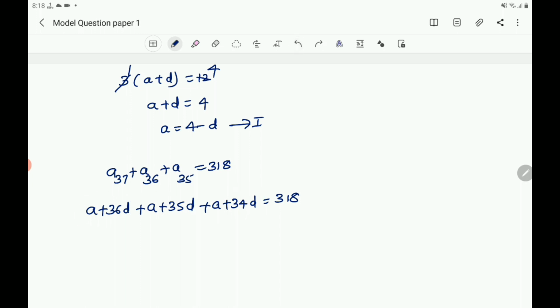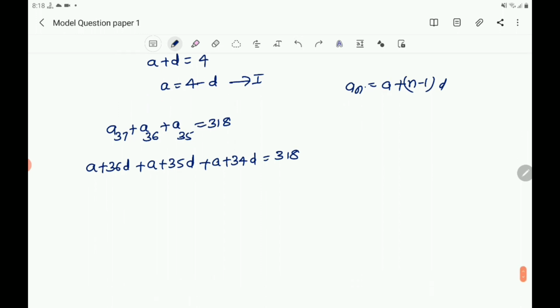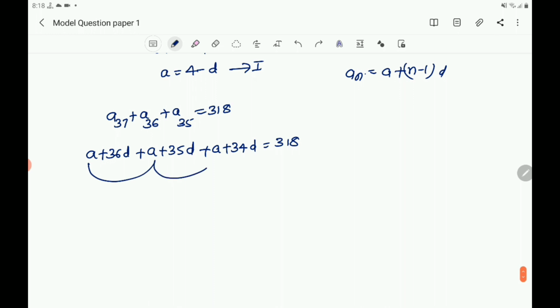Because you know that an equals a plus n minus 1 into d, that is 1 less than n. So here a37 means a plus 36d, a36 is a plus 35d, a35 is a plus 34d. Now a plus a plus a becomes 3a, and 36d, 35d, 34d.